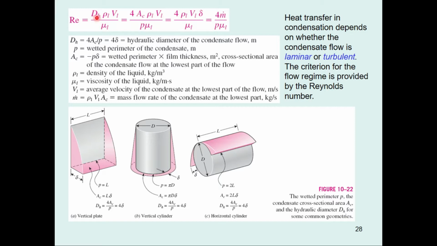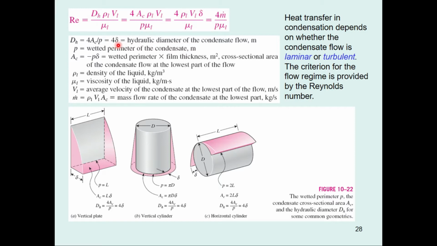So if the shape of the material over which the condensate is flowing is different, this dH value will be different, right? And this dH is actually the ratio of 4 times the surface area over perimeter, and it will be equal to 4 times the thickness of the condensate film.